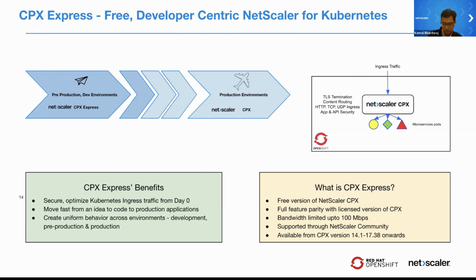The key benefit of CPX Express is that you will be able to take your development and testing applications really fast to production. We see that developers often download the open source version of the proxies, like Nginx or HAProxy, and then they develop their application. And then once they are moving it to production, the IT and the Kubernetes platform team comes and says that, hey, you need to use a licensed version of this.